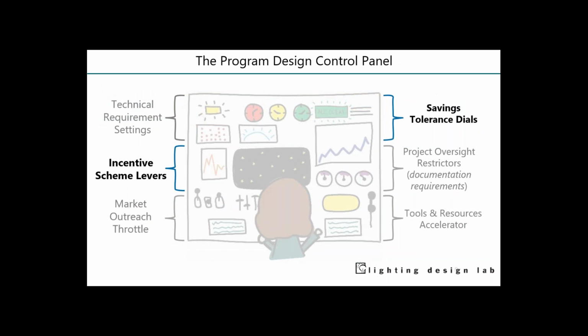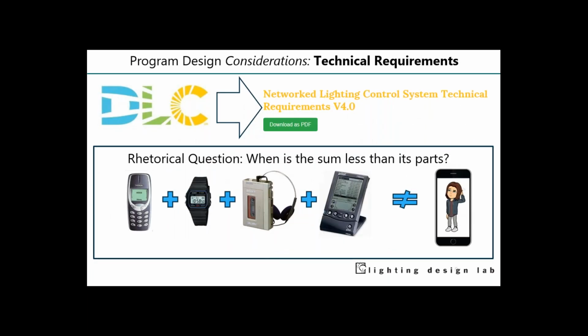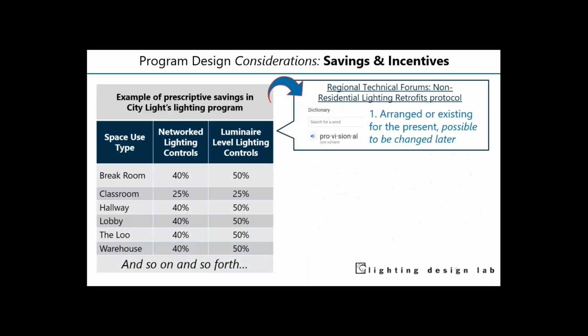The next thing I'm going to talk about is savings tolerance and incentive schemes. It's almost criminal that I'm giving this so little time. But here in the Pacific Northwest, we're fortunate enough that we can reference the Regional Technical Forum's non-residential lighting protocol.